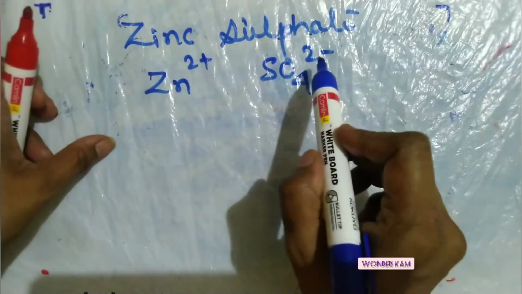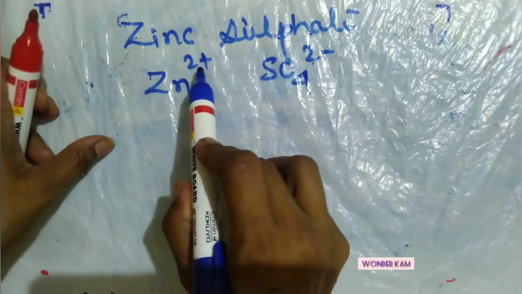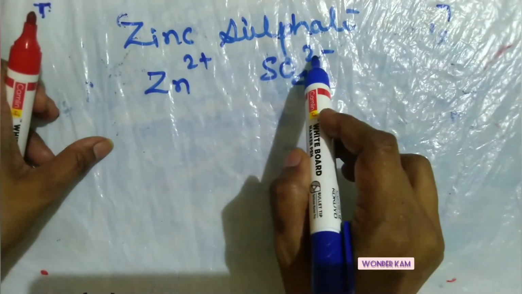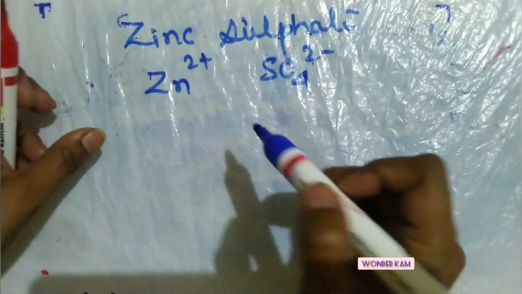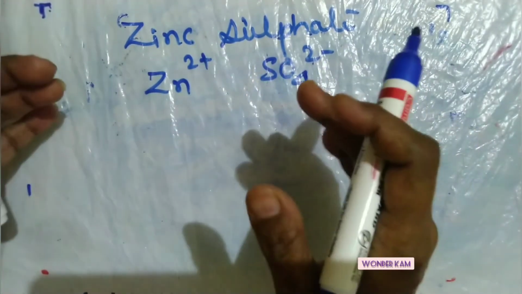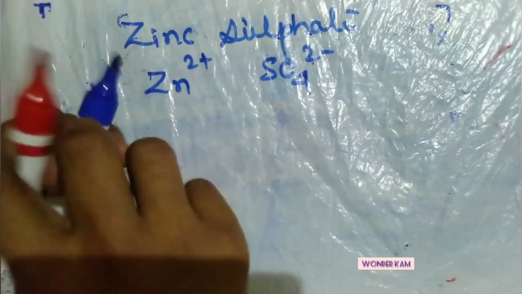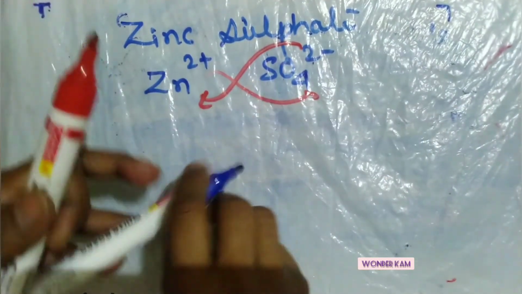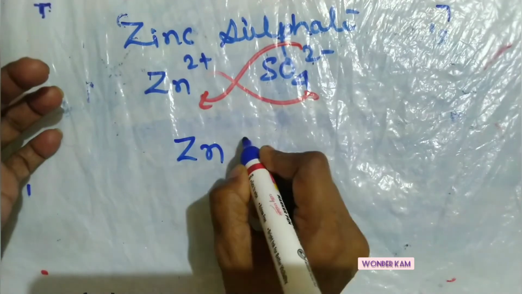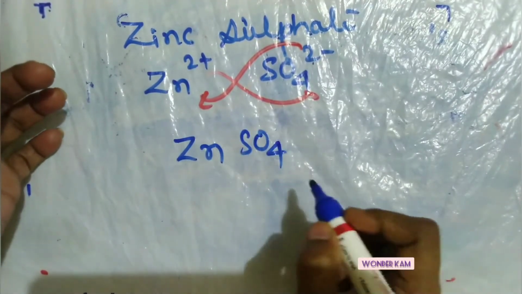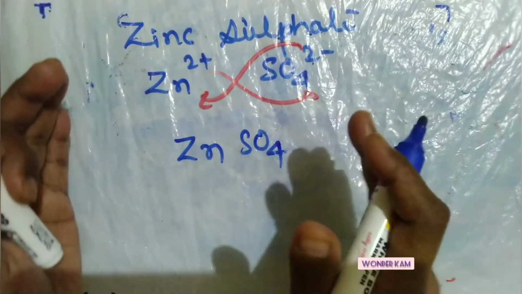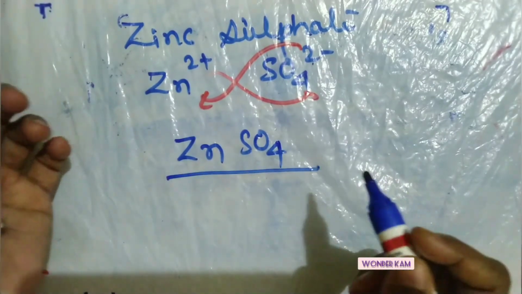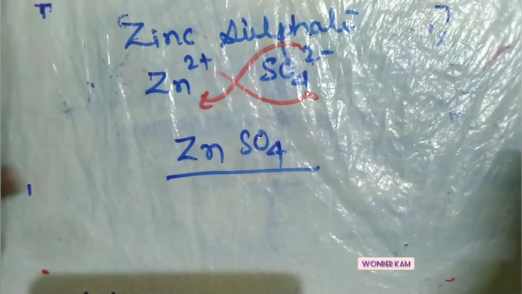See here, the coefficient is 2 and 2, so we cancel it, and we write it simply as ZnSO4. This is the formula for zinc sulfate.